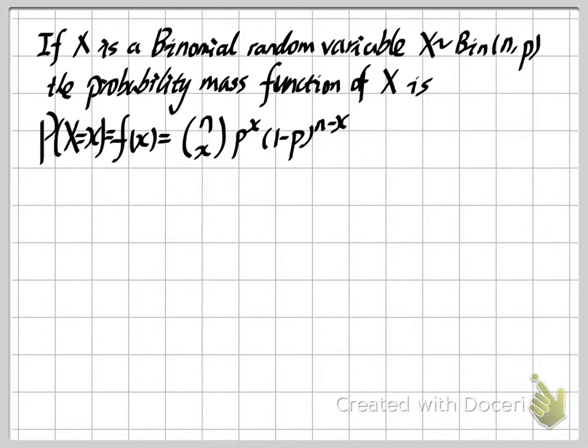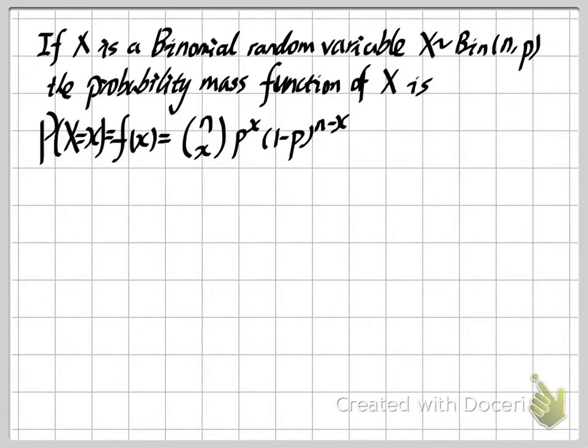So this means in the n Bernoulli trials we get x successful results and n minus x unsuccessful or failed results.